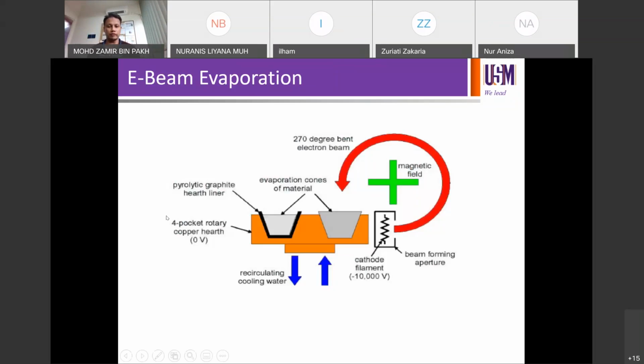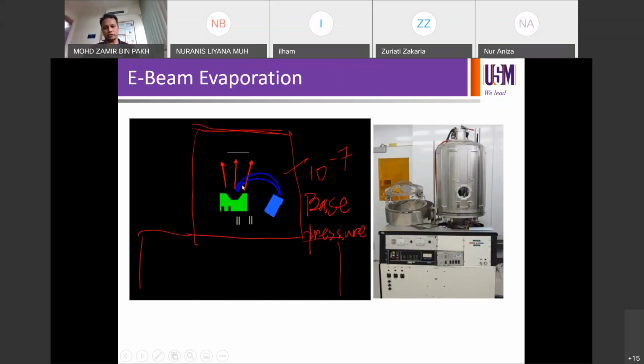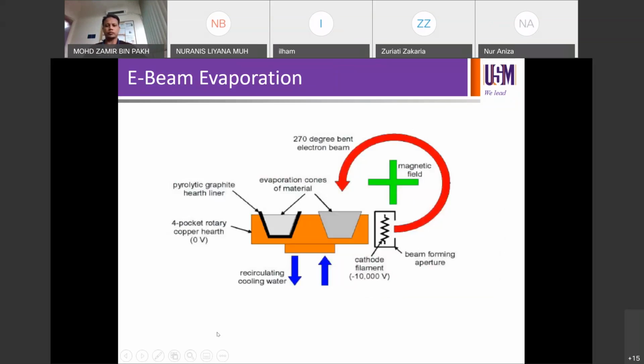So this is the zoomed-in version of the previous illustration. You zoom in, you get this. Cathode filament, high voltage, and then you have a magnetic setup, a magnetic field in the system to bend the beam 270 degrees to heat your evaporant materials at a very high voltage, and then you're going to have your evaporation to your substrate.